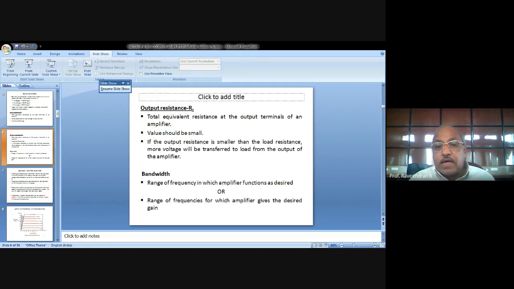This is the inverted signal because here the signal varies from 0 to maximum, and there it varies from 0 to maximum in the reverse direction, the negative direction. If it is going to positive, this goes to negative. So this input signal and this output signal have a phase shift of 180 electrical degrees, or the output signal is an inverted amplified version of the input signal.